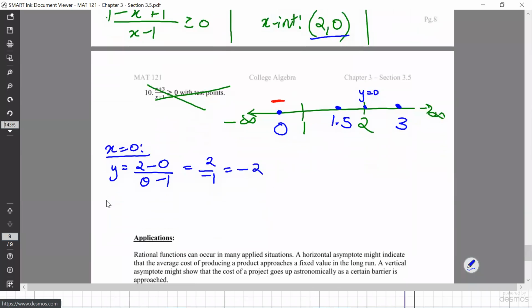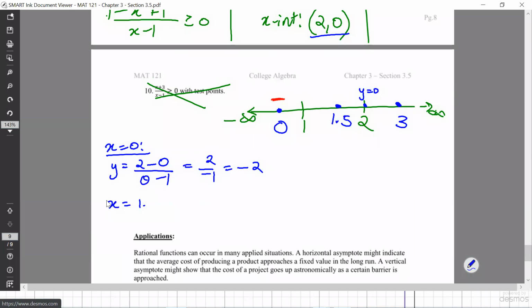For x equals 1.5, this would be 2 minus x over x minus 1. So what are we looking at? 0.5.